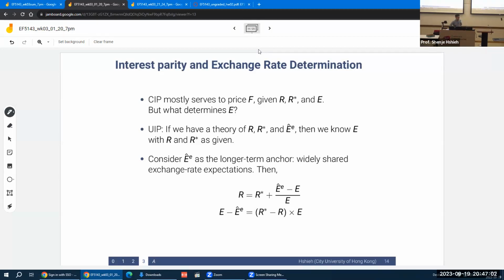So I want to show you what I mean by your beliefs being correct on average in the future. Remember, swapping out F for E hat E means that our expectations or beliefs are good enough to forecast the future spot exchange rate.